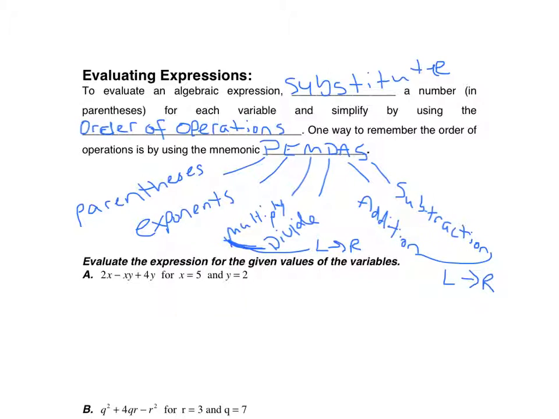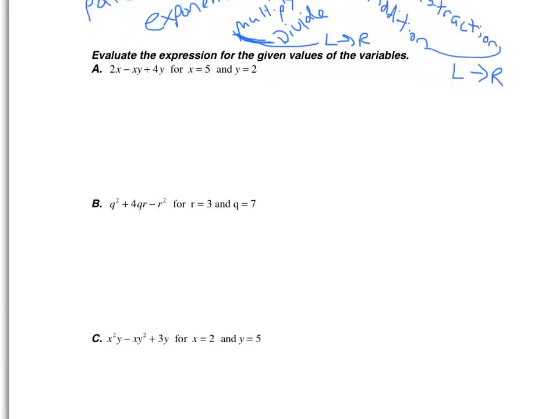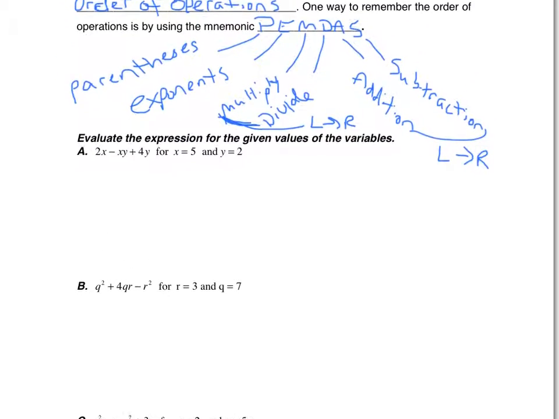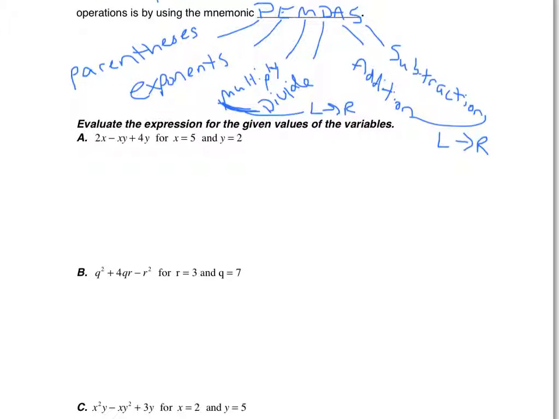So let's look at our first example. In this case, we will take 2x minus xy plus 4y and replace x with 5 and y with 2. So I'm going to start out with 2, and then I have an x value, so I put parentheses, minus x times y plus 4 times y.